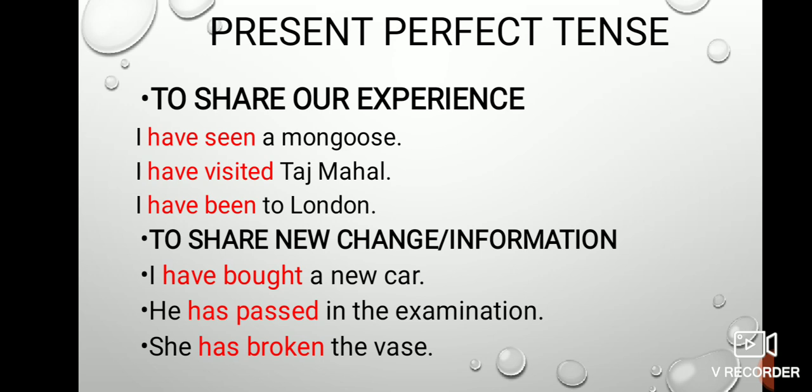Okay, so these types of sentences are just an example to show there are different ways to use this present perfect tense. So whenever you want to share your experience with someone, you can use present perfect tense. Or if you want to say any information to someone, if there is a change, if you bought something, then you can go with present perfect tense, right?